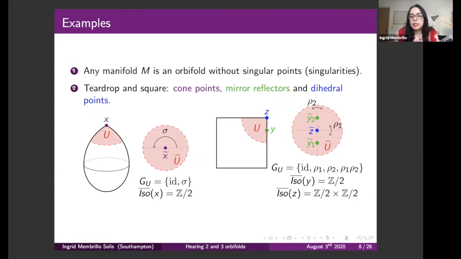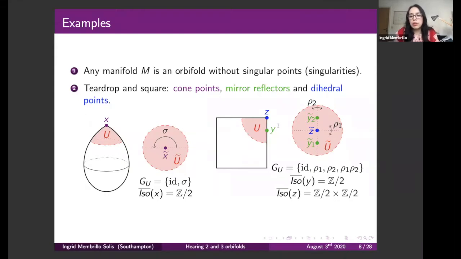Because Z tilde is fixed under the action of the generators of this dihedral group, the abstract isotropy type of Z is the whole group Z2 cross Z2.